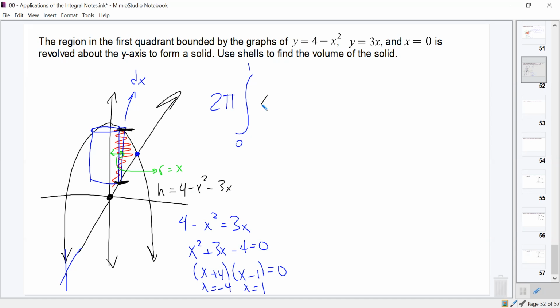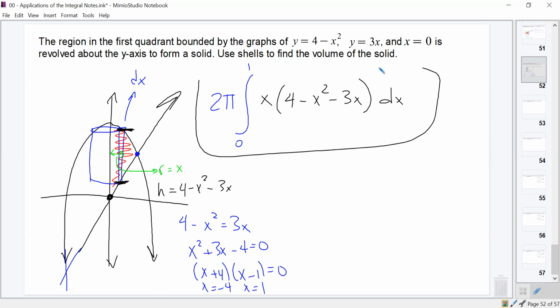So our integral here should be x, our radius, times our height, 4 minus x squared minus 3x, dx. And that is our setup here, allowing us to do this problem in terms of x instead of in terms of y, as if it was a disk problem.